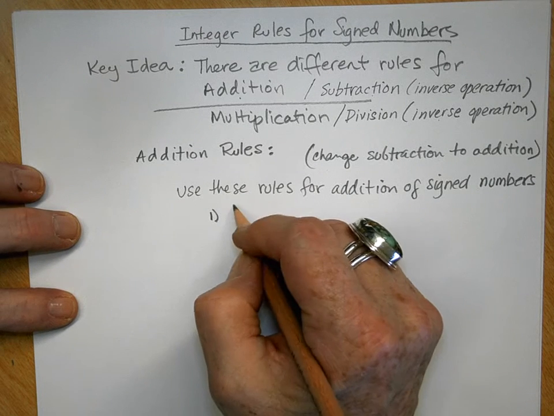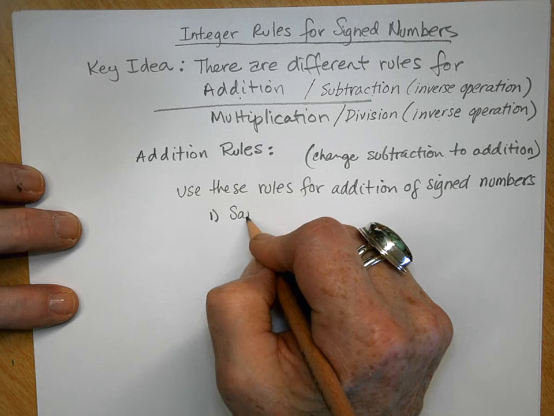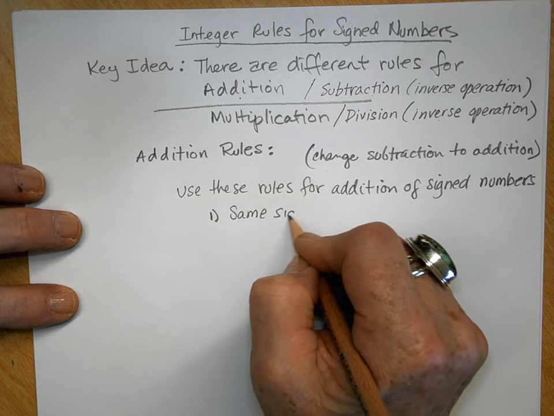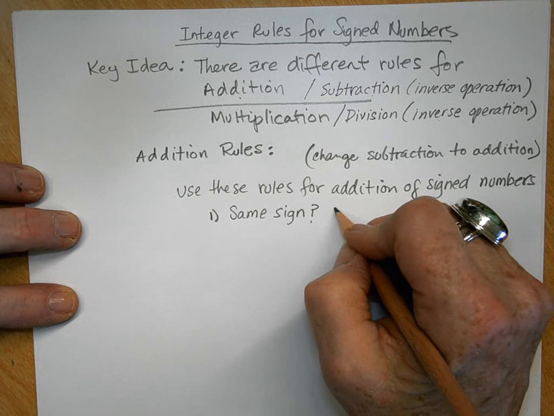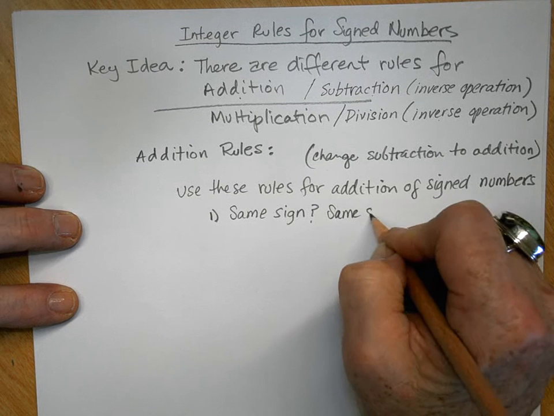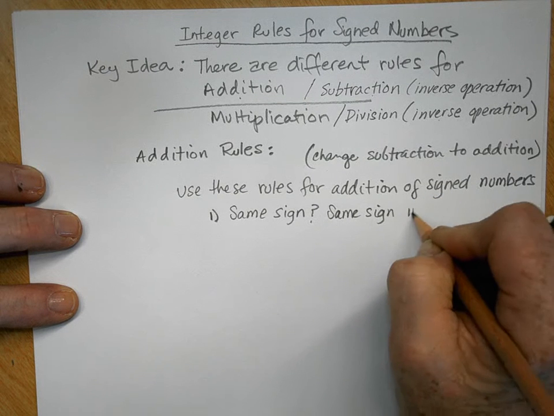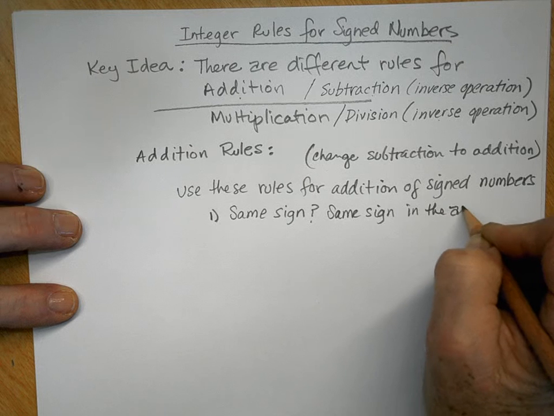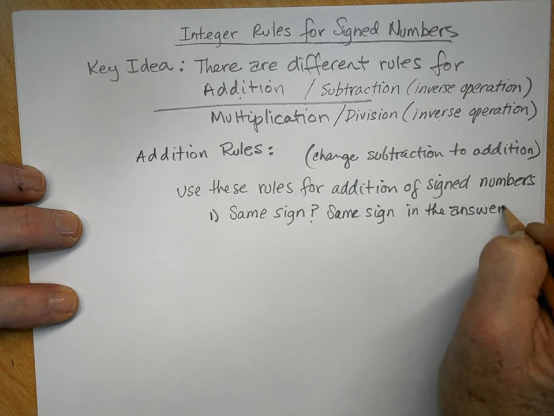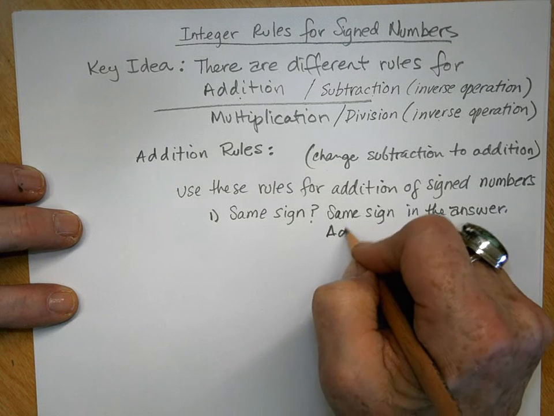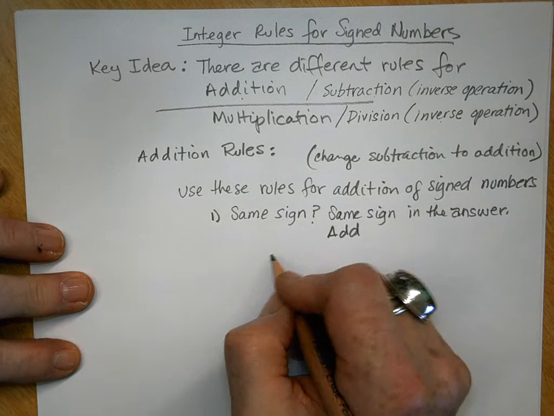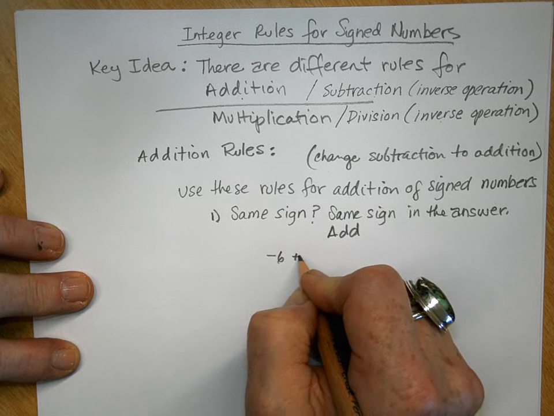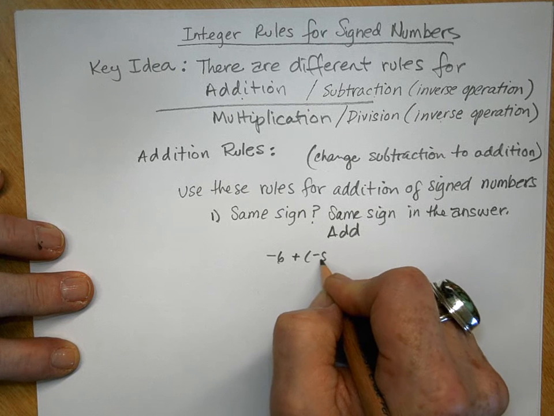Check the problem. If they have the same sign, then the same sign in the answer, and you add. For example, I have maybe -6 plus -8.